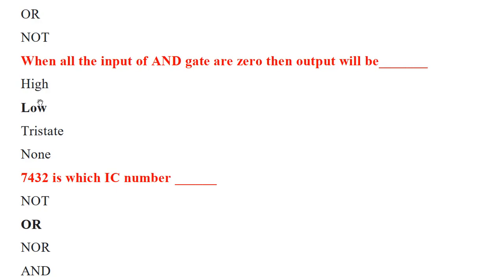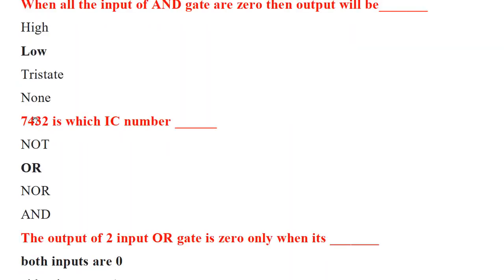We have different representations for 0, that is also called a low state, so low is the answer. These are some sample MCQ kind of questions that you can answer very simply by learning the truth table, symbol, and IC number that we have already taken in lecture number 1 and lecture number 2.